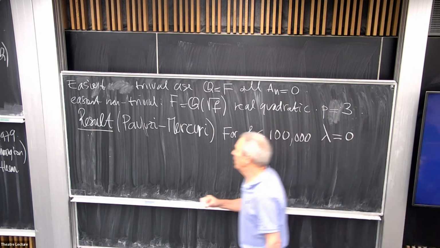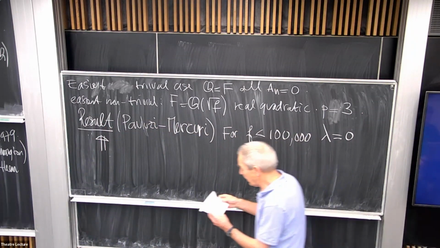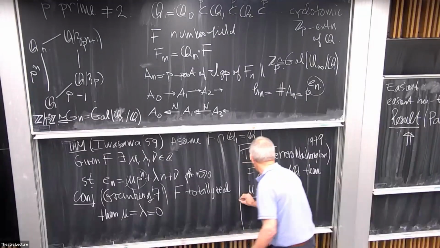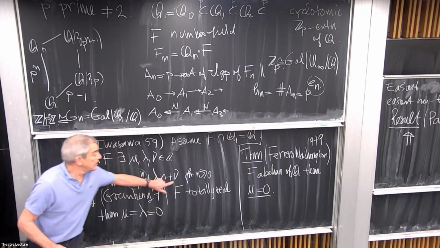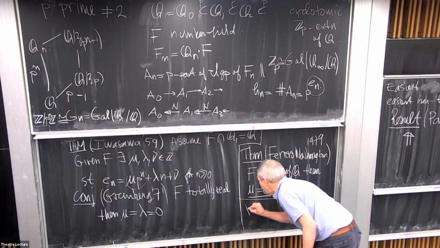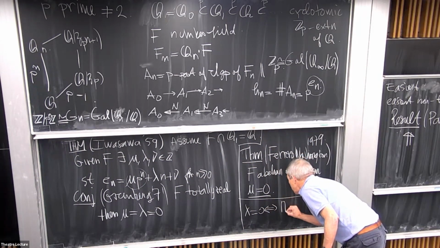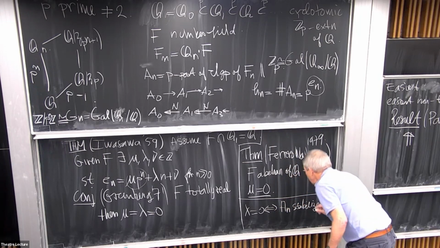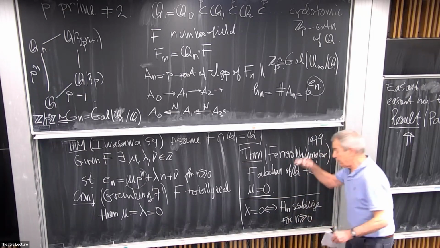What they actually did is much more. They computed... oh yeah, let me say what it means that lambda is 0. I forgot to say that. If mu and lambda are 0, it means that the order of A_n is constant for n large enough. So lambda is 0 is the same as saying that these groups stabilize. Under the norm map, they become isomorphic.